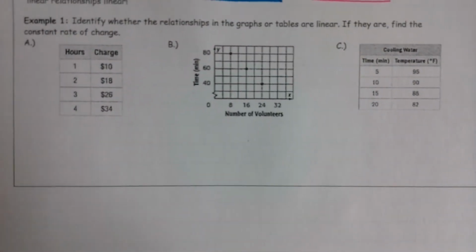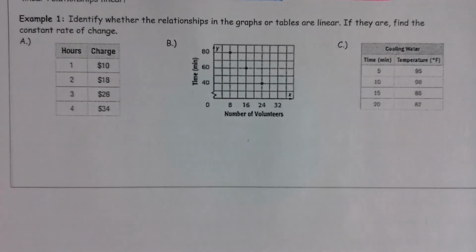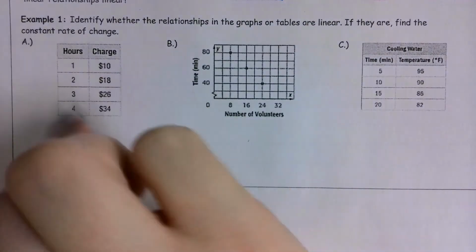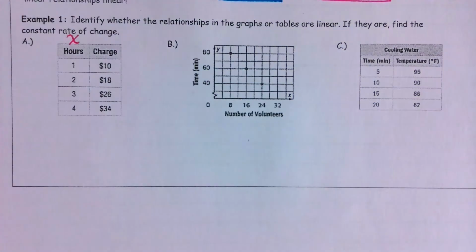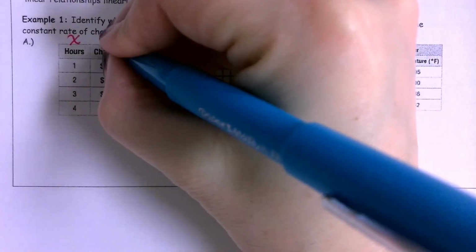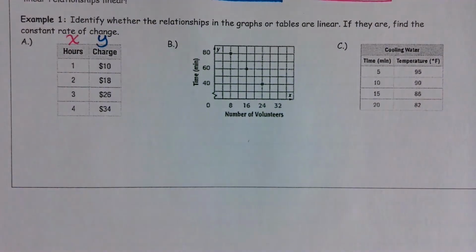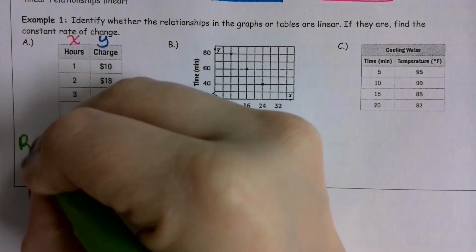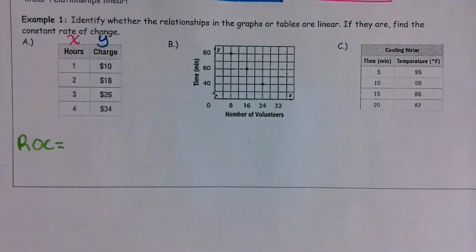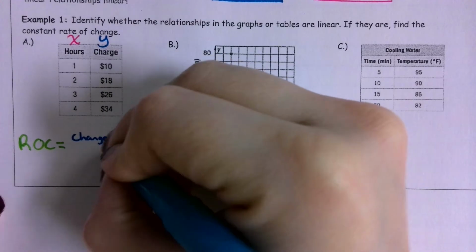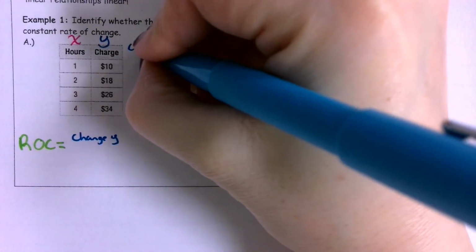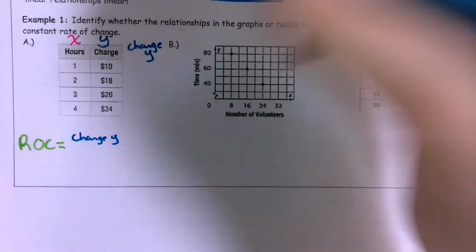All right, so taking a look at the very first problem. Again, this is a vertical table. That means that my x is going to be on the left side. My y is going to be on the right side. So the first thing that I want to identify when I'm trying to find my rate of change, to see if I actually have a rate of change, I want to identify the change for my y, which means how is my y going from point to point.